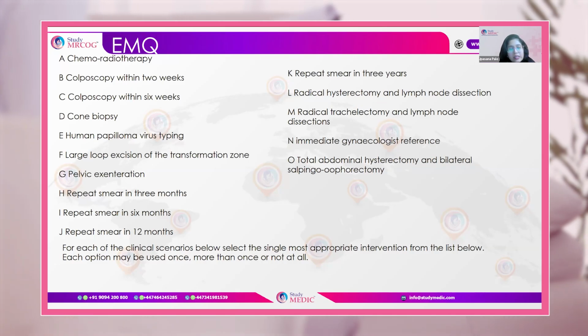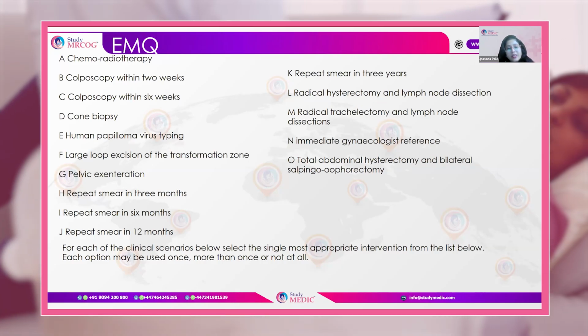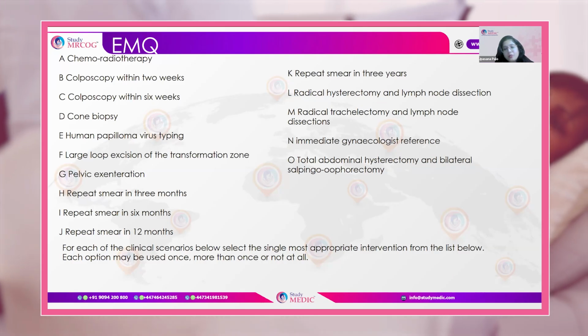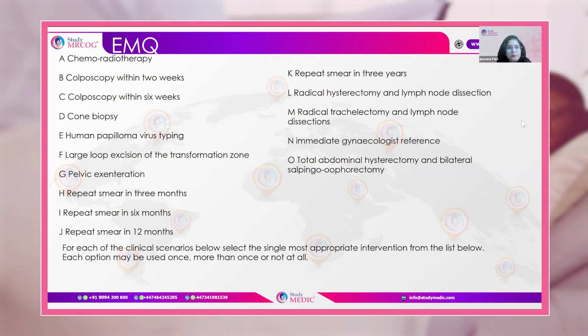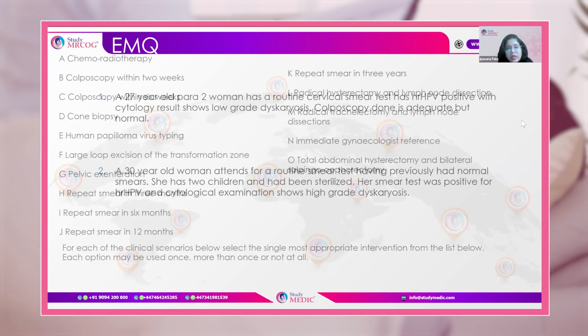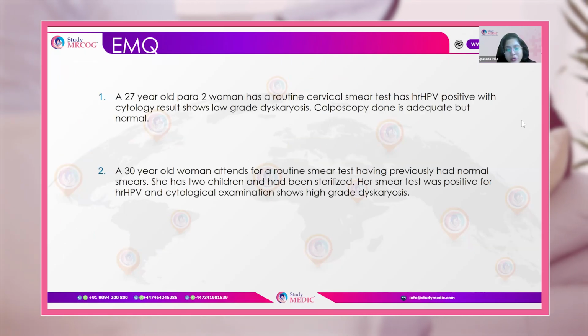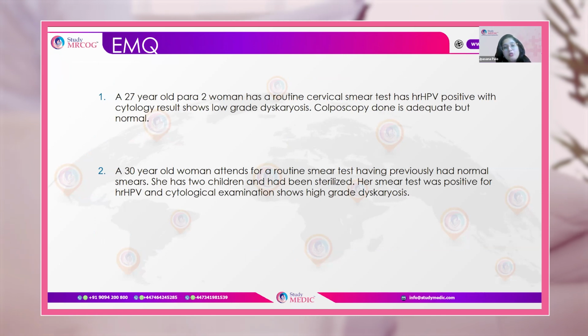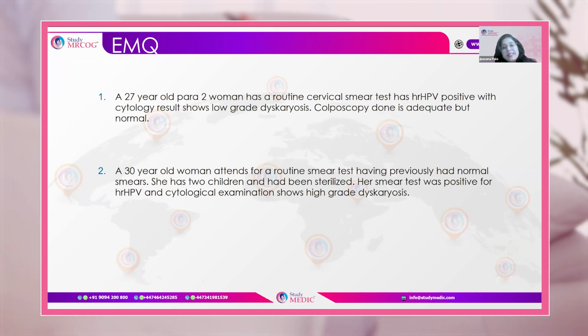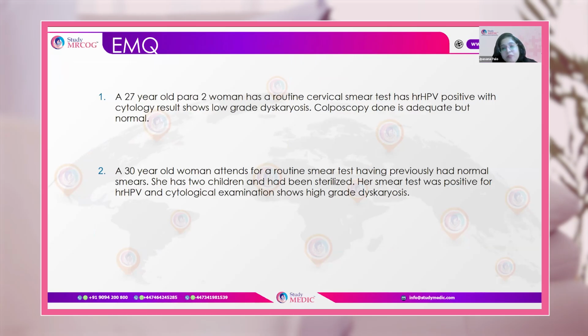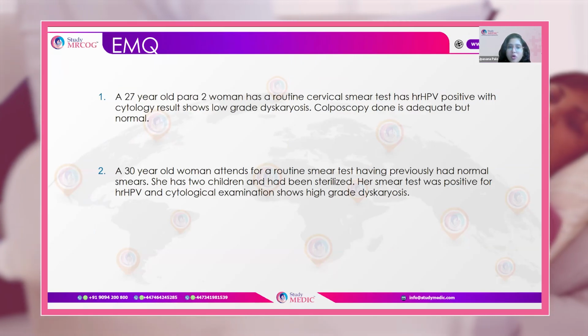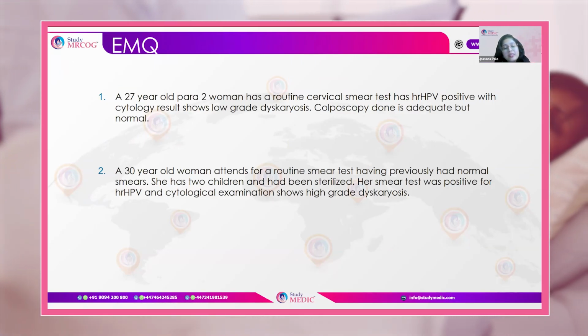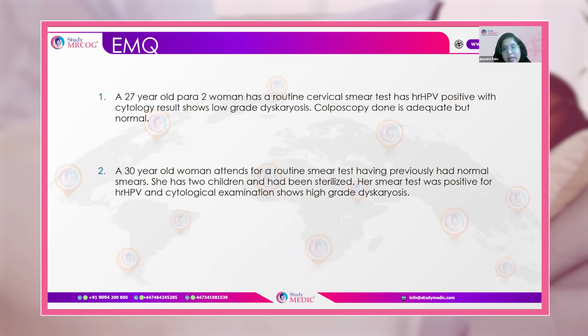These are the options, and you need to select the single most appropriate intervention from the list. Let us go through the first question. A 27-year-old para 2 woman has a routine cervical smear test, has high risk HPV positive with a cytology result showing low grade dyskaryosis.